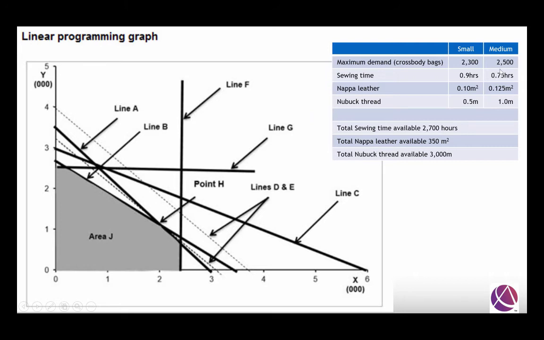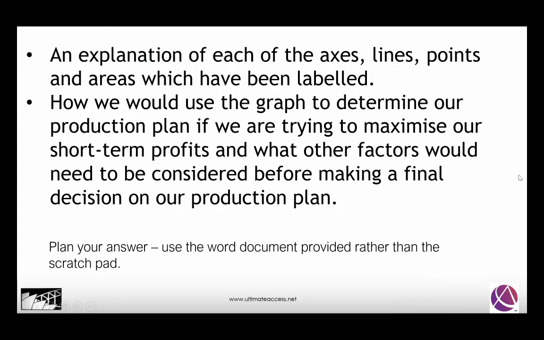We have to be able to look at the graph, and we can see that there are 1, 2, 3, 4, 5 lines, 1 area and a point, and these are the areas that they want us to be able to write about within our answer. An explanation of each of the axes, the X and the Y, the lines, we've identified all the lines, the points and the areas.